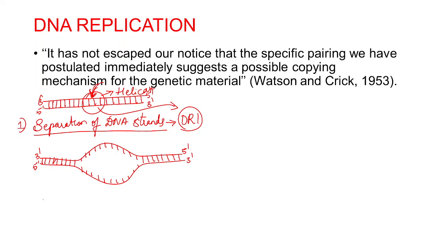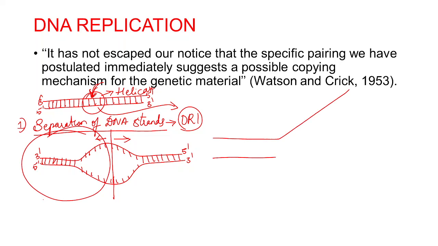Here the separation has taken place, and in both directions the replication and separation will be initiated. In both directions similar processes will be taking place. That is why I will take only one part, and I will draw it as a straight one here. You can understand it very easily.